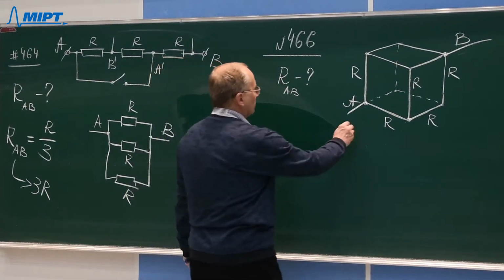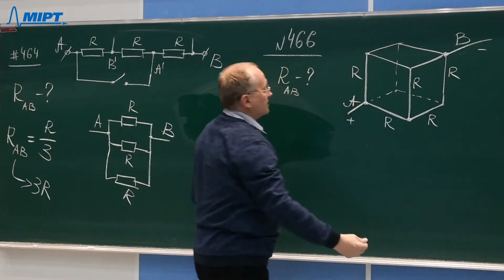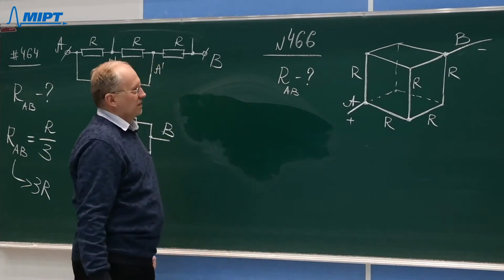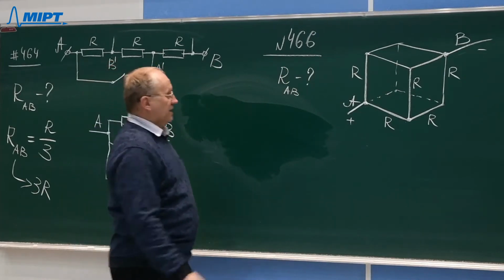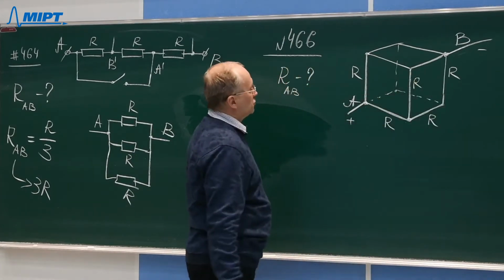Imagine we apply an external source of voltage, plus and minus. Then there will be a current flowing through the edges of this cube.